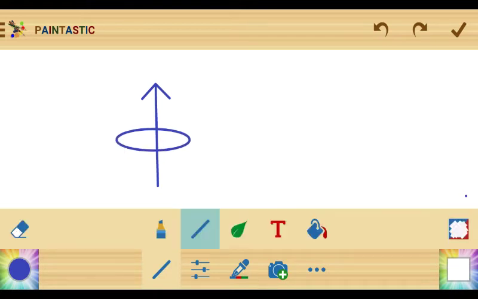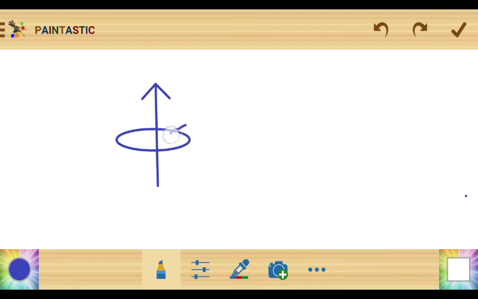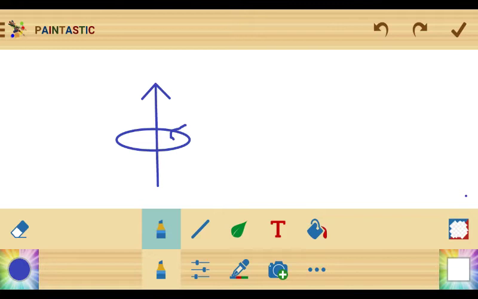And the direction will always be anti-clockwise. The arrow is upward, so the direction of the magnetic field is like that.